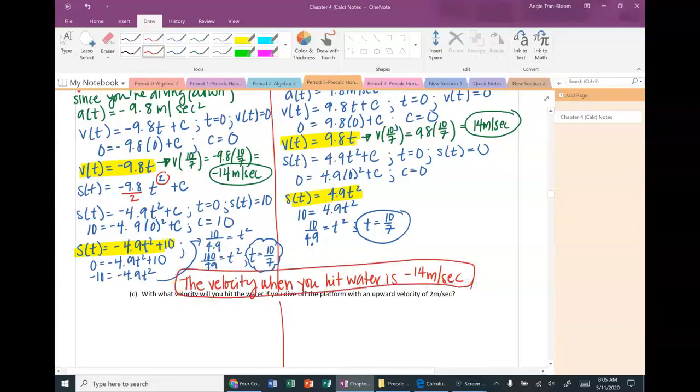Now you can also say the velocity from diving downward when you hit water is 14 meters per second. So notice how you're not using the negative sign; the word diving downward will take into consideration the negative. So either one would be just fine.